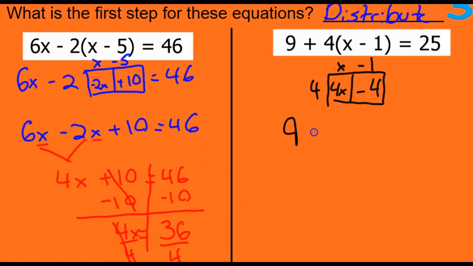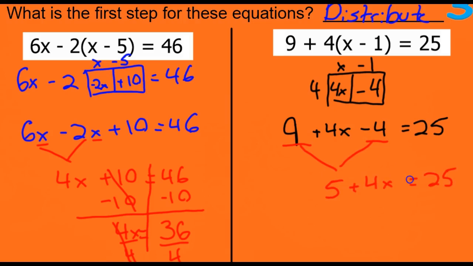So 9 plus 4x minus 4 equals 25. Now what I see is two numbers without variables, so I can take both of those and combine them. 9 minus 4 gives me 5 plus 4x equals 25.